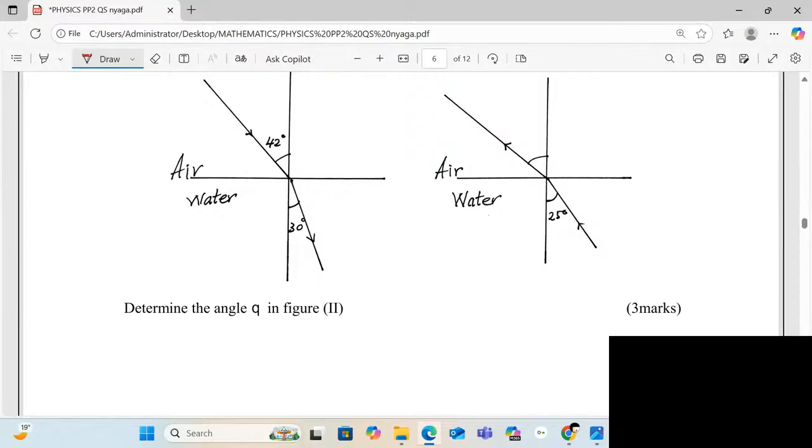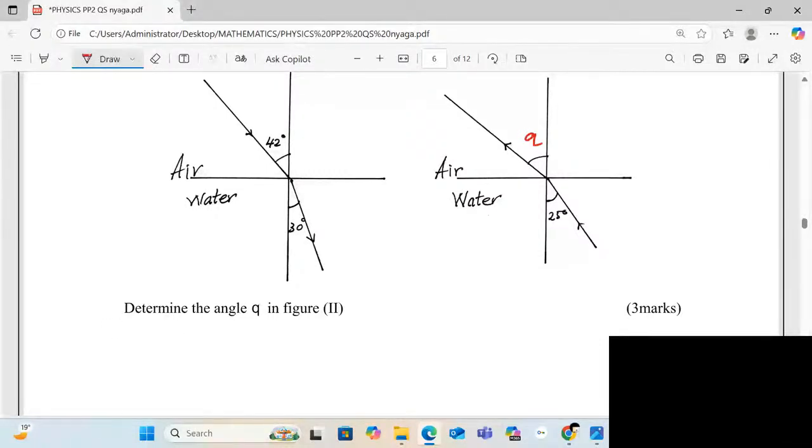So we have our air-water interface in this manner. Then you are told to determine angle Q, which is this one here. The first thing is you calculate the refractive index of water with respect to air.